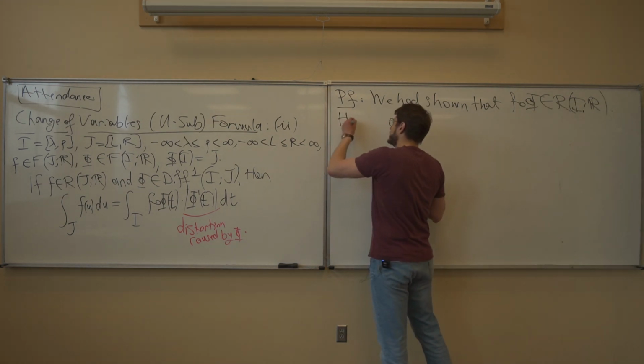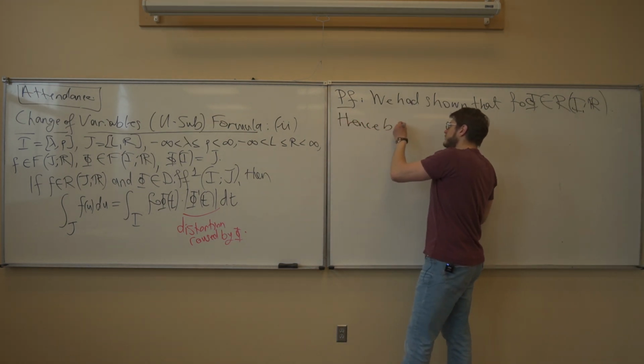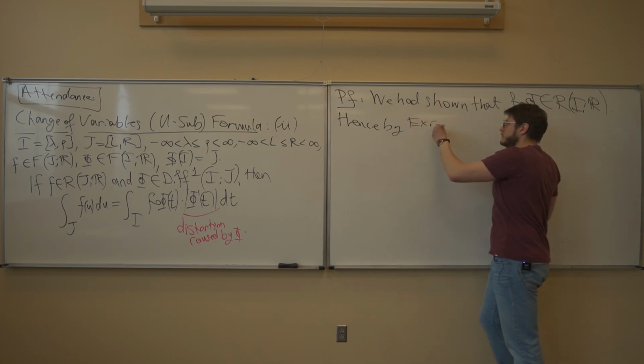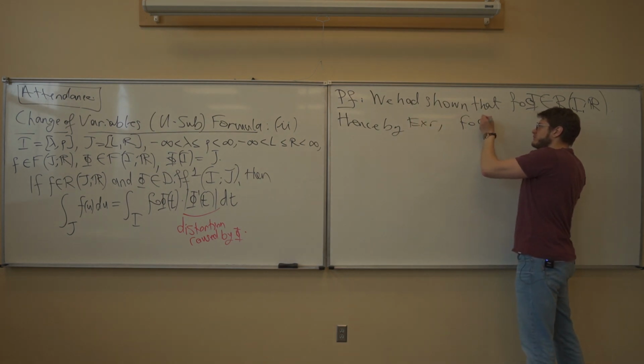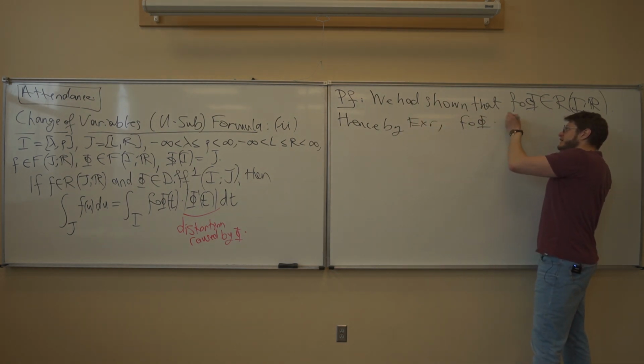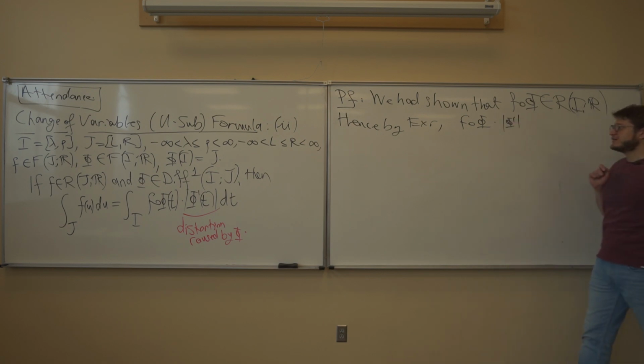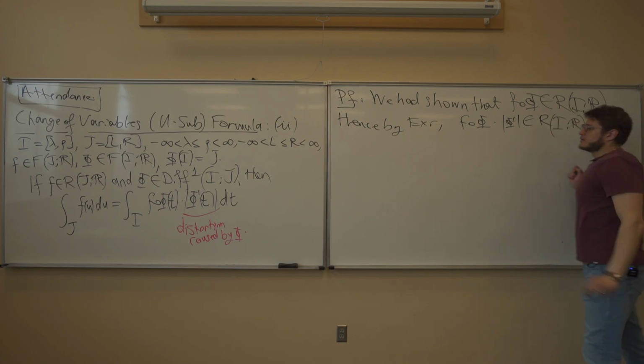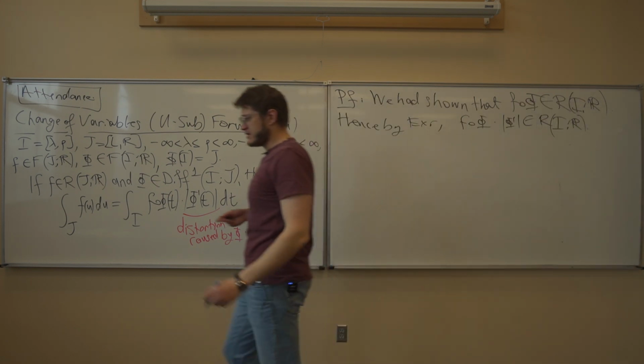Hence, by the exercise, f composed with phi multiplied by phi prime in absolute value is itself Riemann integrable. Which means that the right-hand side makes sense, okay?